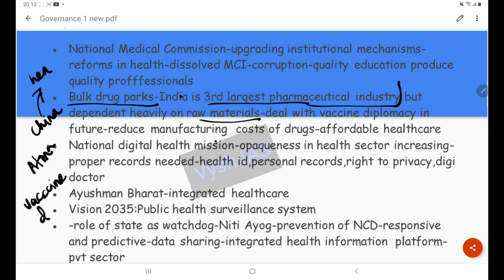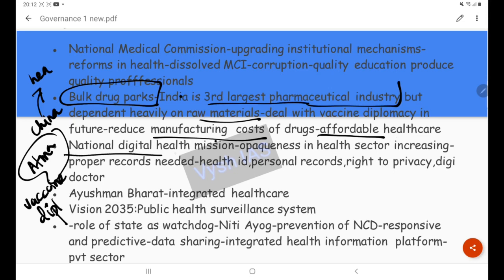Okay, it is unethical, but it is happening in the world. So to be self-sufficient in healthcare, we have to develop these types of bulk drug parks. It also helps in reducing the manufacturing cost, so we can ensure affordability of medicines for a major chunk of the poverty-stricken population in India.